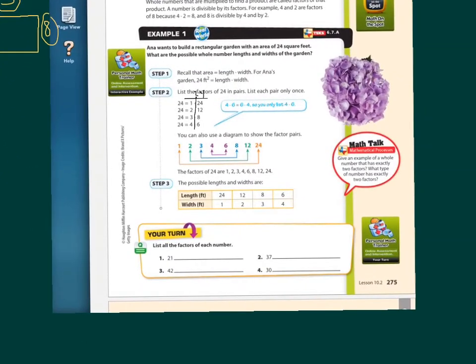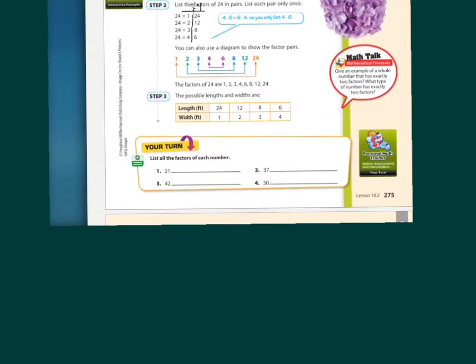So back over here, it says list all the factors of each number. So 21, we would have the T-chart for 21. Start out 1 times 21. 2 times anything? No. 3 times anything? Yeah. 3 times 7. 4 times nothing. 5 times nothing. 6, no. 7, it's already there.